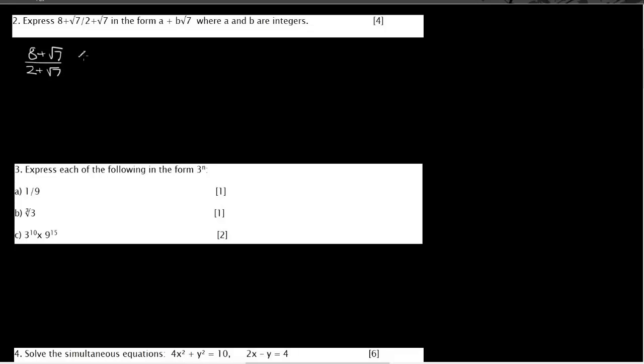So we multiply by 2 minus root 7, top and bottom, that's the conjugate of 2 plus root 7. And if we multiply that out, we get 8 times 2 is 16, 8 times minus root 7 is minus 8 root 7, etc.